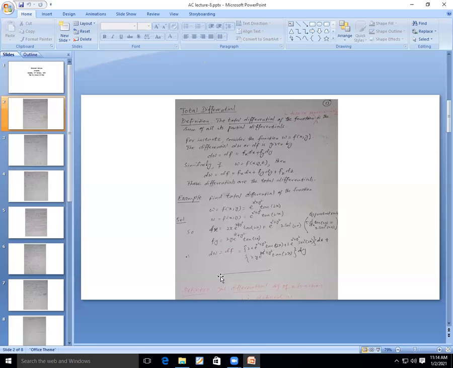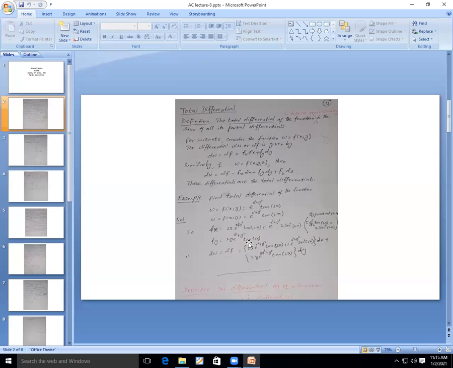And then differentiate f with respect to y. First differentiate this exponent with respect to y, which is equal to 2y, and e power x square plus y square.